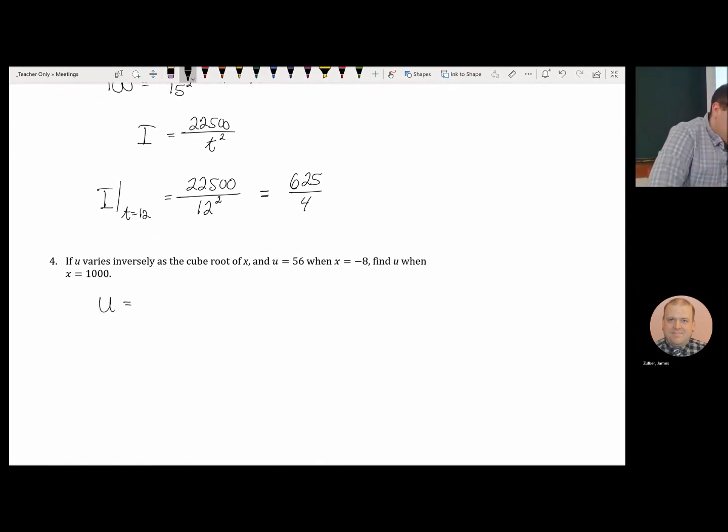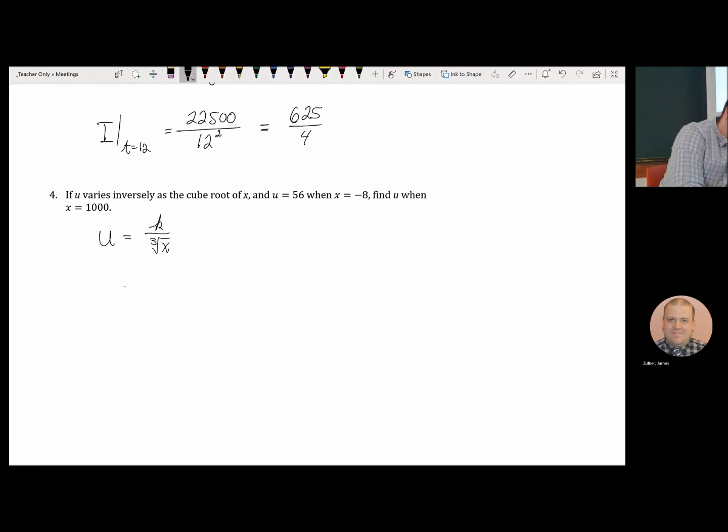U varies inversely as the cube root of x, so that means that u is k over cube root of x. U is 56 when x is -8. Cube root of -8.